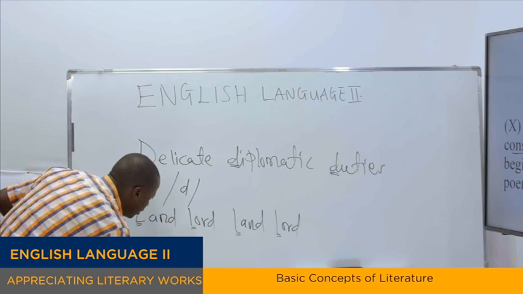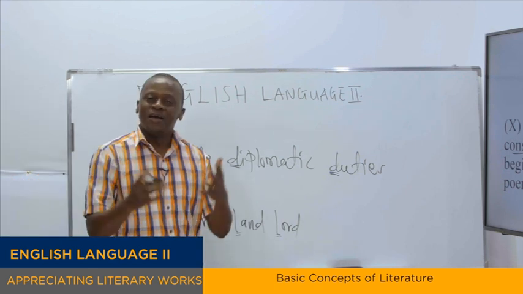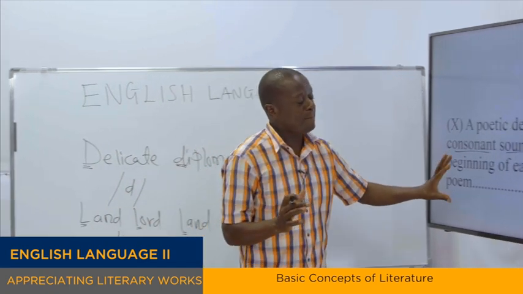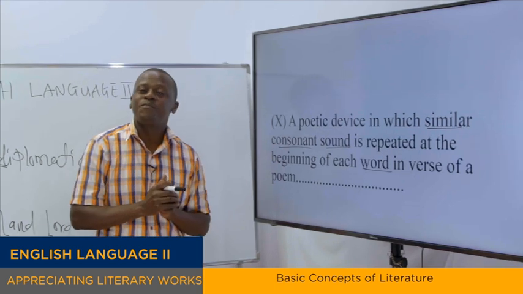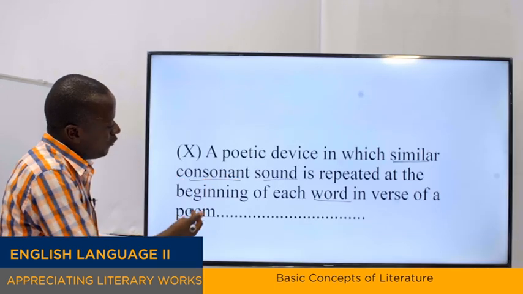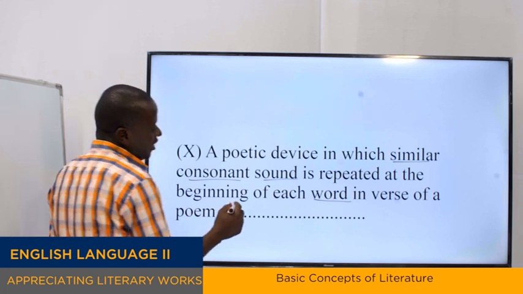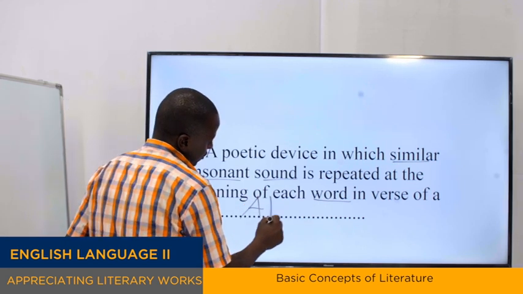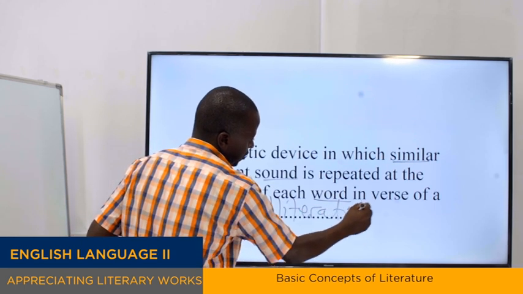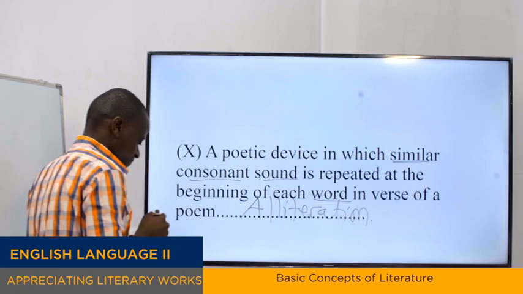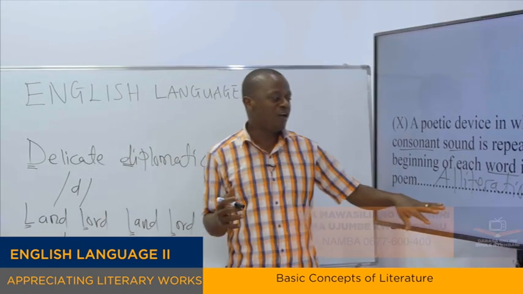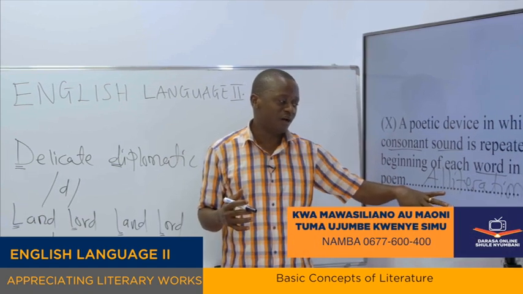So sound L has been repeated. Now, can you tell that device or that term which fits in here? Again, you will agree with me that the term that fits here is called alliteration. My dear students, it's not enough for you to understand this particular term, alliteration, alone.